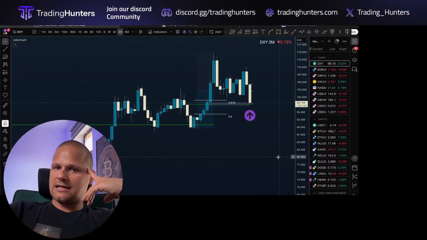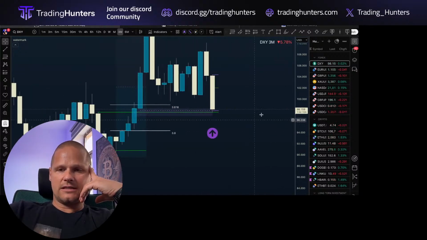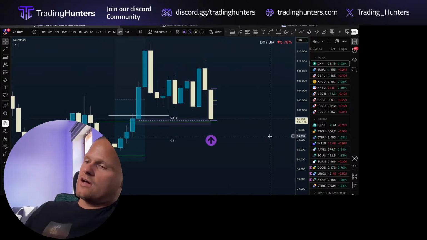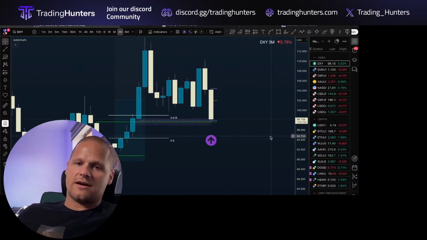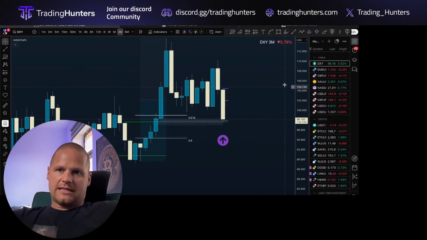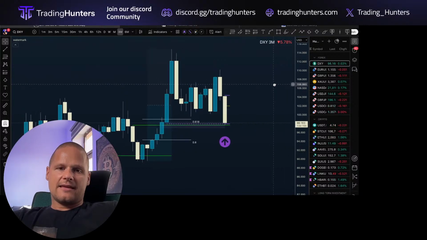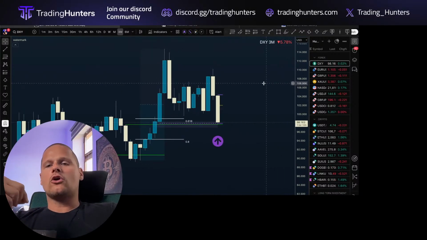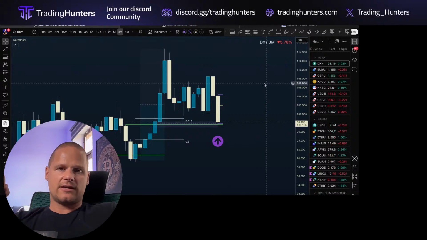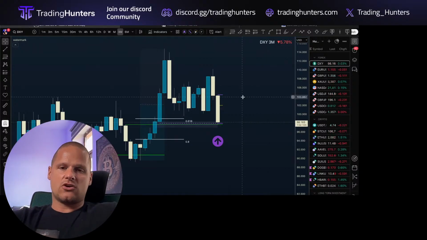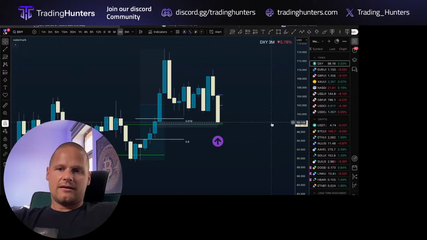Yes, I get all of these fundamental things, dollar printing and so on. But still, that they are printing and inflating the dollar doesn't mean it's going to be a lot weaker against the other fiat currencies, because they are also printing. These central banks are printing all together. It's coordinated.